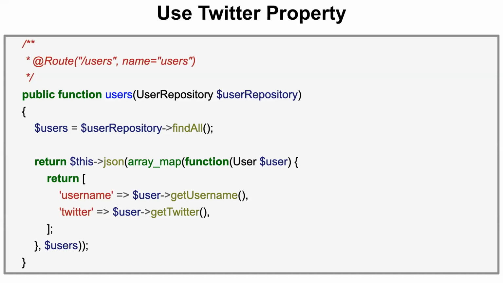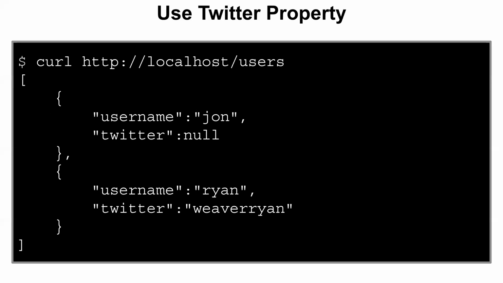And now let's update the user's action to return the value of the Twitter property with the getTwitter getter method on the user entity. So now when I run this command, you'll see that I get the same data we got back before, but my Twitter handle is null. But the Twitter handle for Ryan is now set to Weaver Ryan because of the update statement that we executed previously.